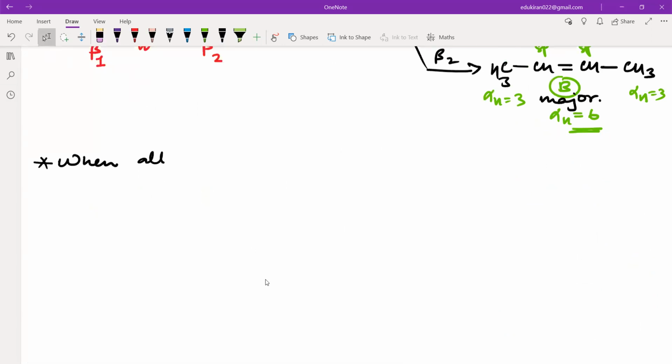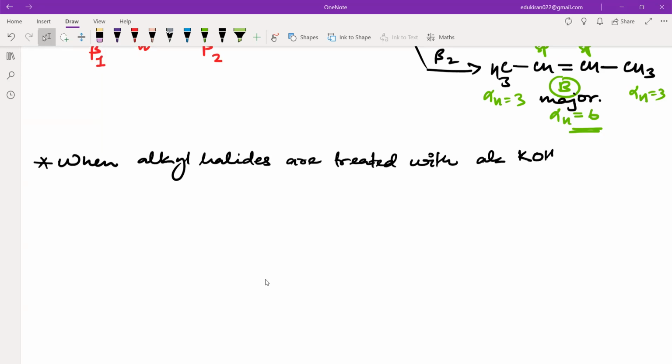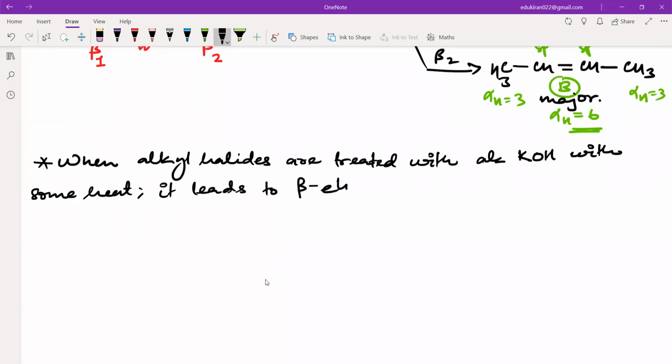When alkyl halides are treated with alcoholic KOH with some heat, it leads to beta elimination. Beta elimination, why?